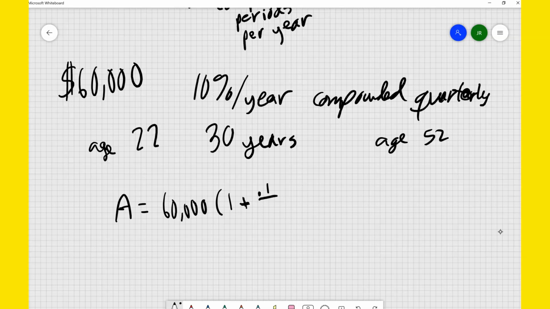Remember, to change a percent to a decimal, you move the decimal point 2 places to the left. Percent means per 100, so you divide it by 100, so 10% is 0.1. N, since it says compounded quarterly, N is 4. And T is the time in years, so that's 30. Now type that in your calculator and tell me how much money you've got.